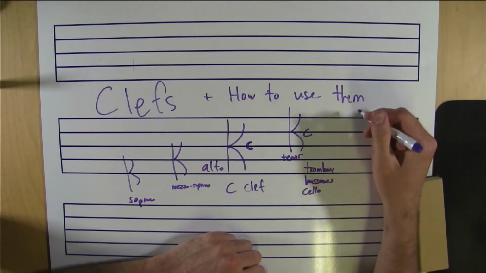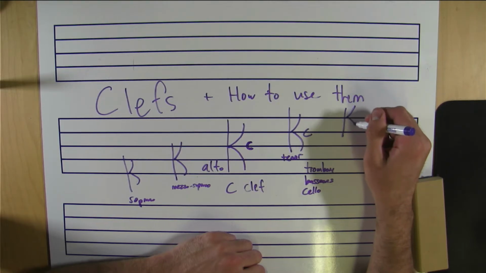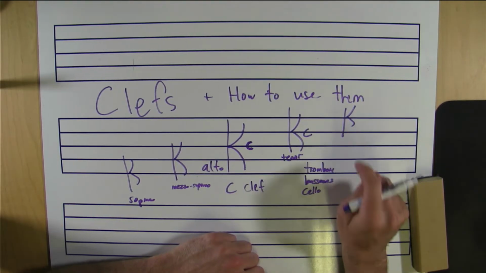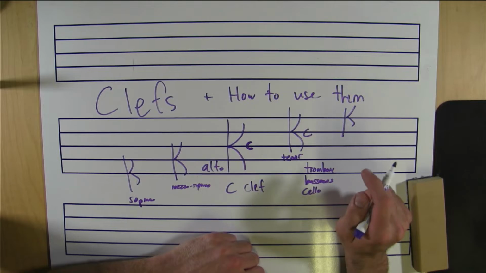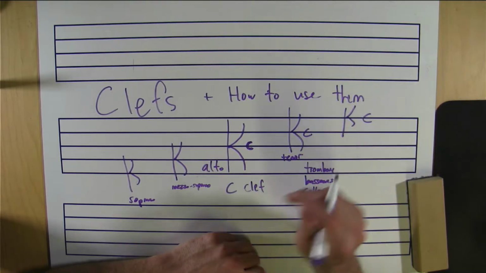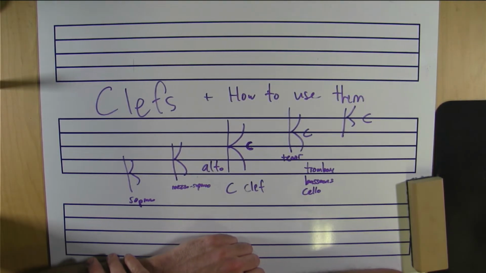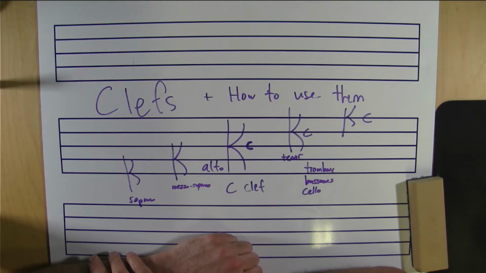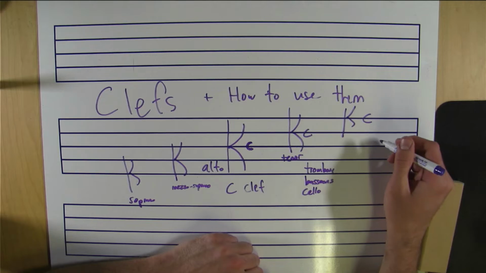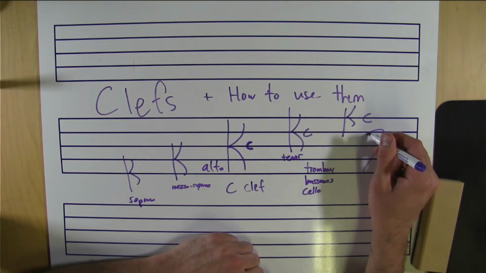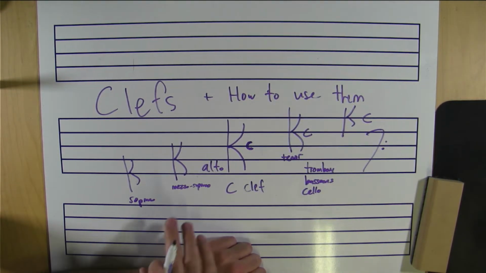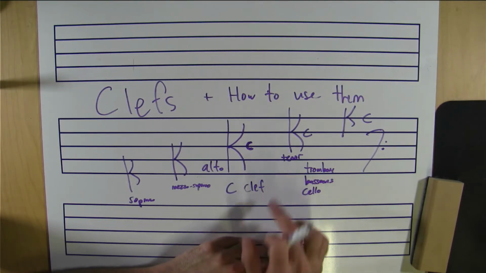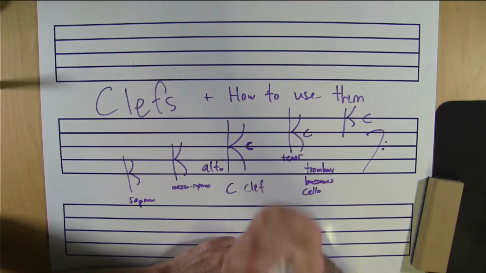You're probably thinking, whoa, what about one up here? Well, this clef is redundant, a little bit redundant, because put a C up here, it's actually the same as another clef, which I haven't shown you yet. We've talked about the soprano, and the mezzo, and the alto, and the tenor, and the treble, and the bass clef.